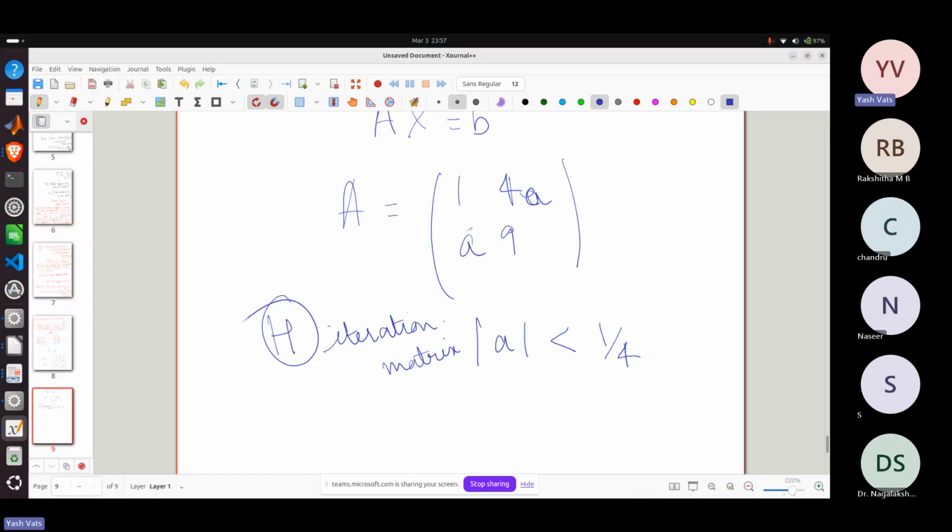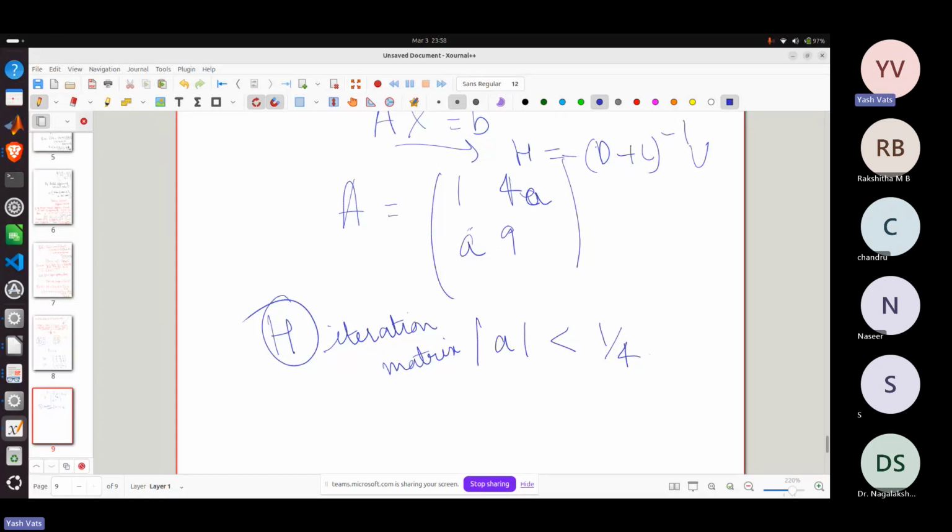What is the criteria? What is the iteration matrix in your Gauss-Seidel method? It's not directly A, as I've corrected before as well. H is your D plus L, whatever it is.